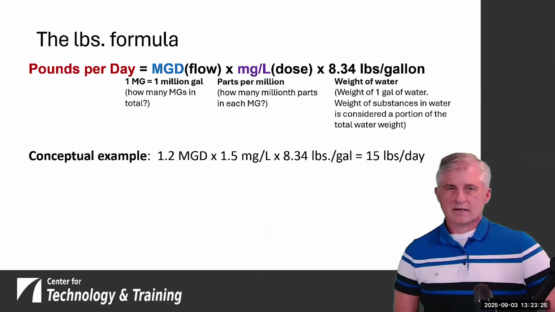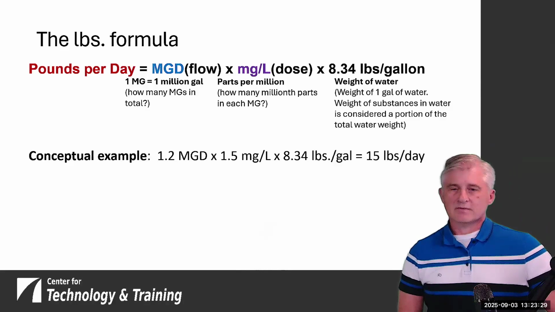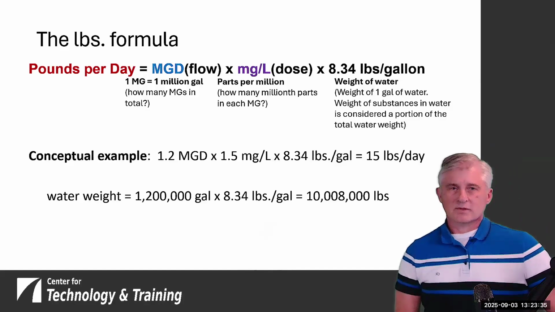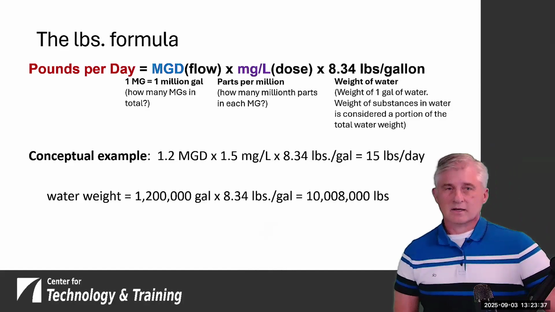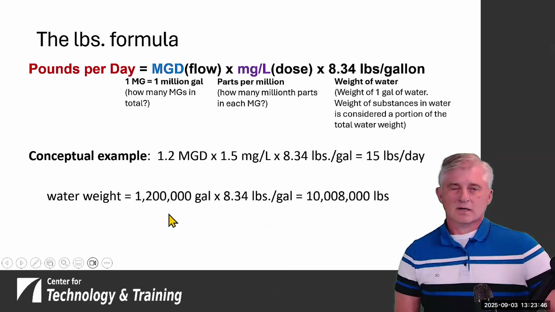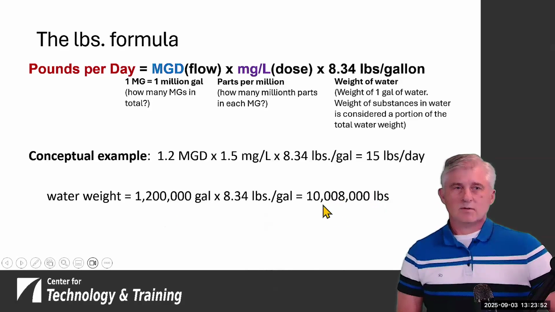All right, so we had 1.2 times 1.5 times 8.34. It gave us 15 pounds in a day. From that, we can figure out the weight of water. We convert our 1.2 mgd into actual gallons, and that tells us that our water itself weighs 10,008,000 pounds.